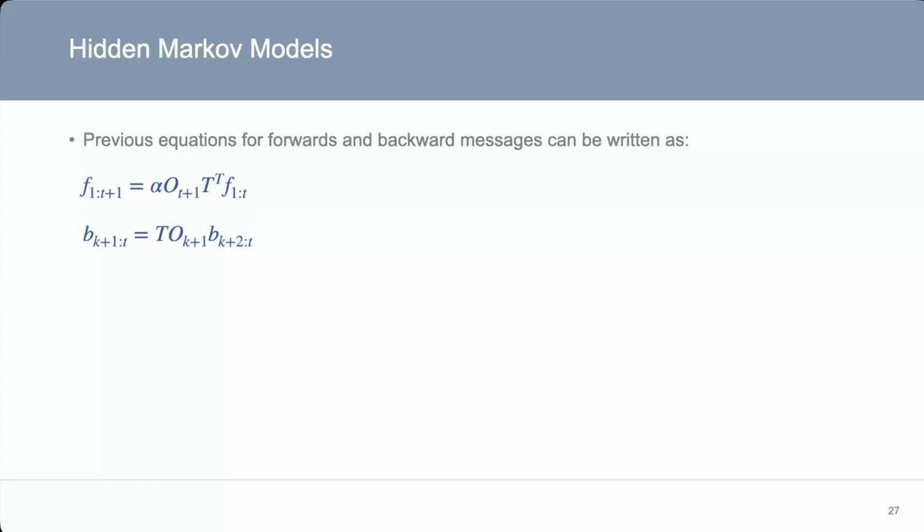Now, I'm not going to go into how we derived these forward and backward messages, but just want to point out that both forward and backward messages can be represented as products of different matrices. And since there are many efficient matrix multiplication algorithms that exist in the literature, these tasks, such as filtering, prediction, etc., are more efficient in this way.